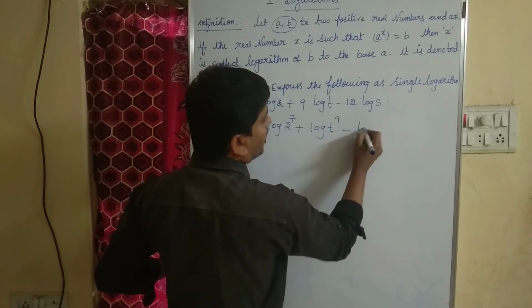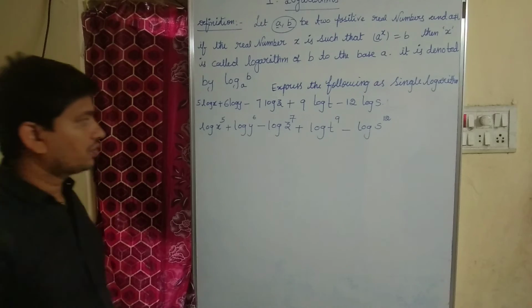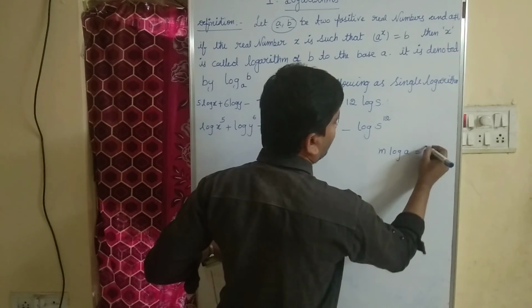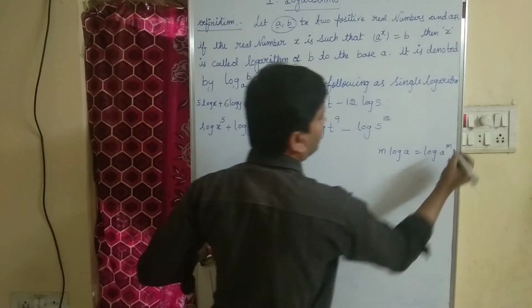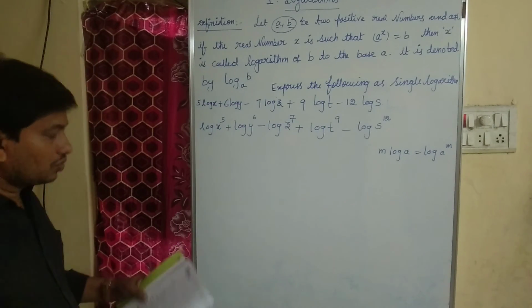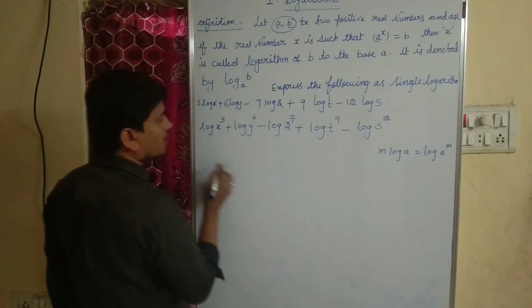Minus 12 log s, I can write as log s to the power of 12. Okay, so here everything is in the form of m log a. I can express that as log a to the power of m. Okay, now what you do, write down all the positive values at one side and negative values at another side.